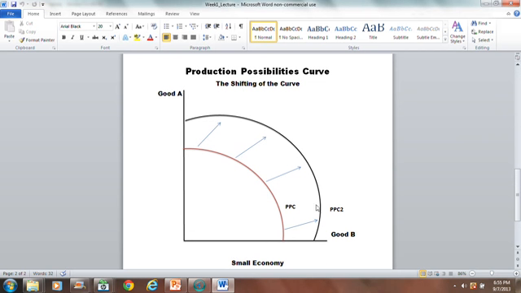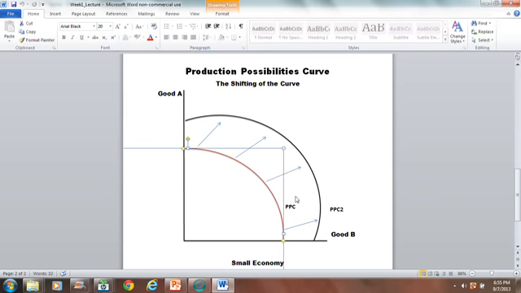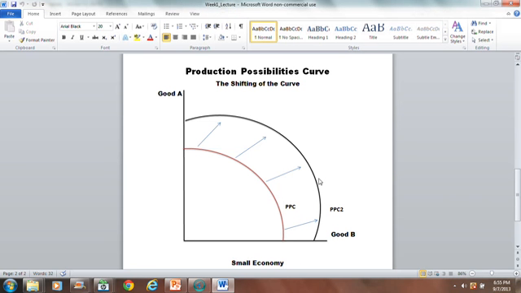When the production possibilities curve expands, that means that we can now produce more combinations of good A and good B. In other words, using our mound of resources analogy, if we have more resources, the curve will become thicker. It starts to expand. And when you have more resources, more inputs, that allows you to produce more output.